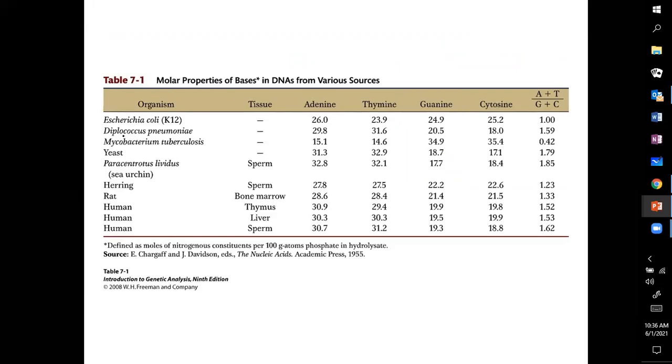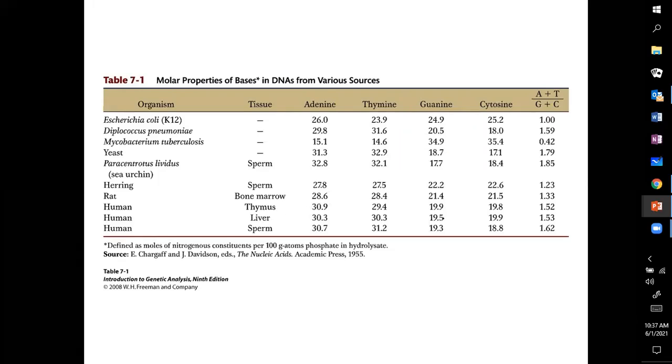He looked at E. coli, which is a prokaryote, herring, a fish, rat bone marrow, and in humans, thymus, liver, and sperm. He determined the concentration of A's, T's, C's, and G's in all these different species and in different tissues within the species.